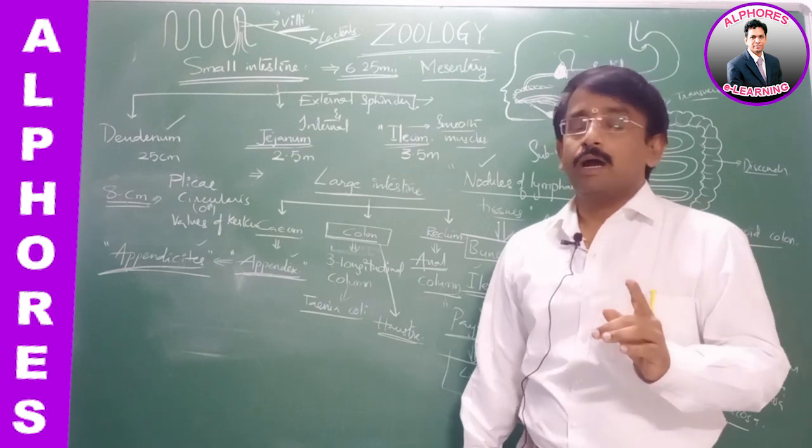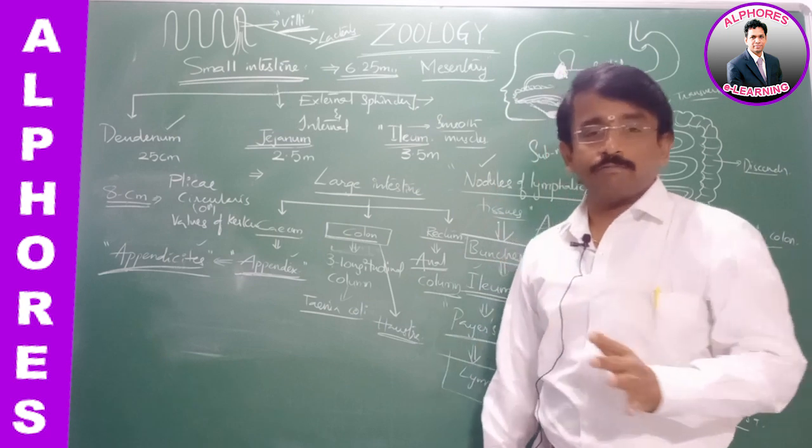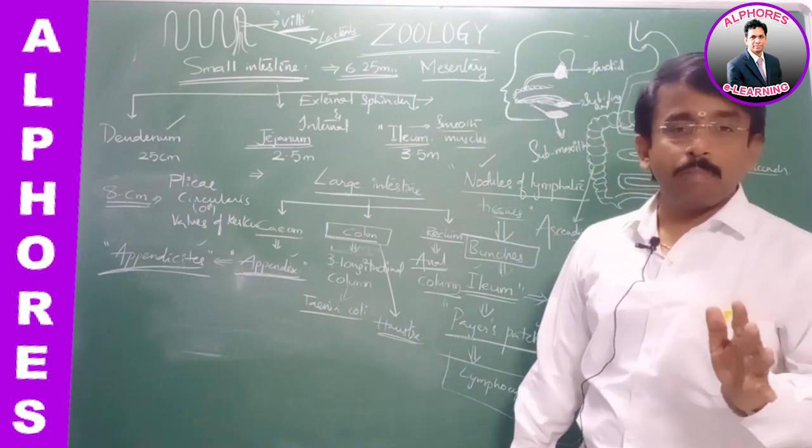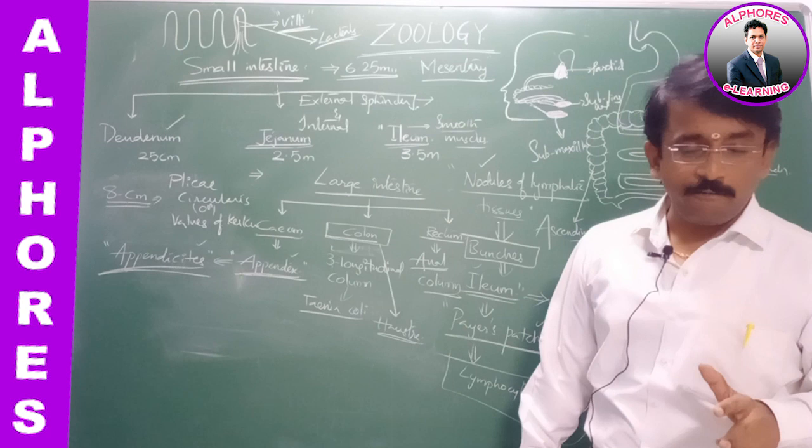Then, the absorption of the digested food into the blood and the lymph is the second function.